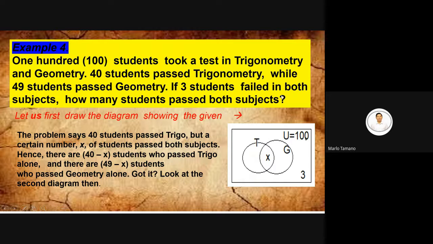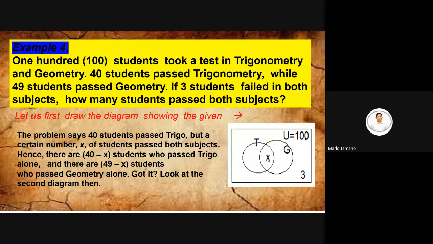If 3 students failed in both subjects, how many students passed both subjects? So meron tayong 3 na bumagsak. Bagsak sa trigonometry, bagsak din sa geometry. Ngayon ang tanong niya, how many students pass both subjects? Yun po yung x.